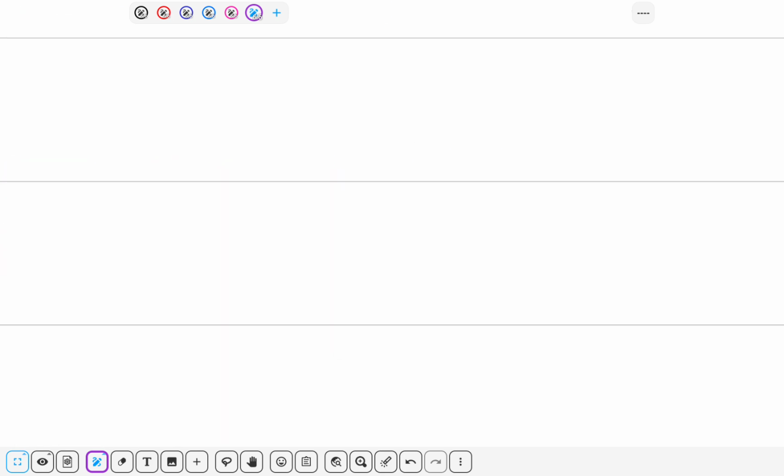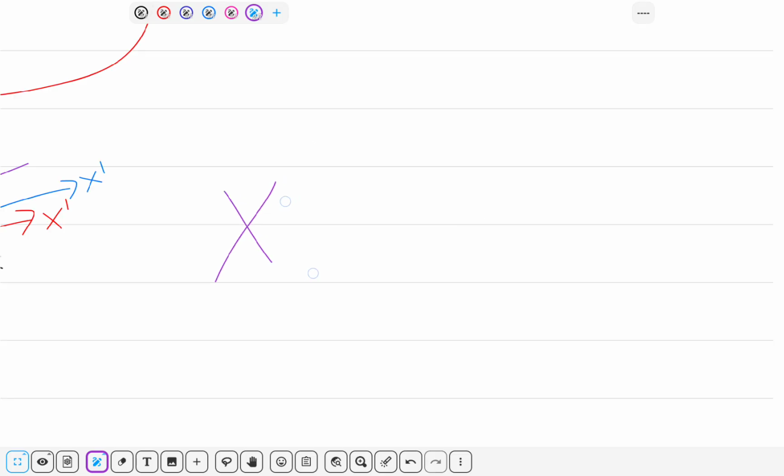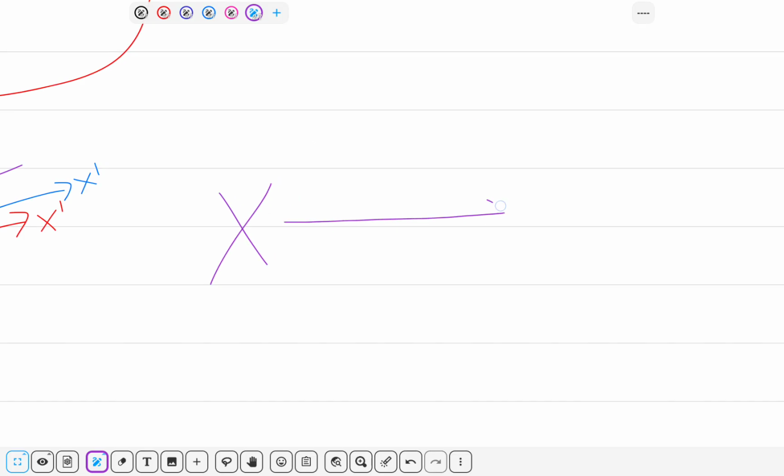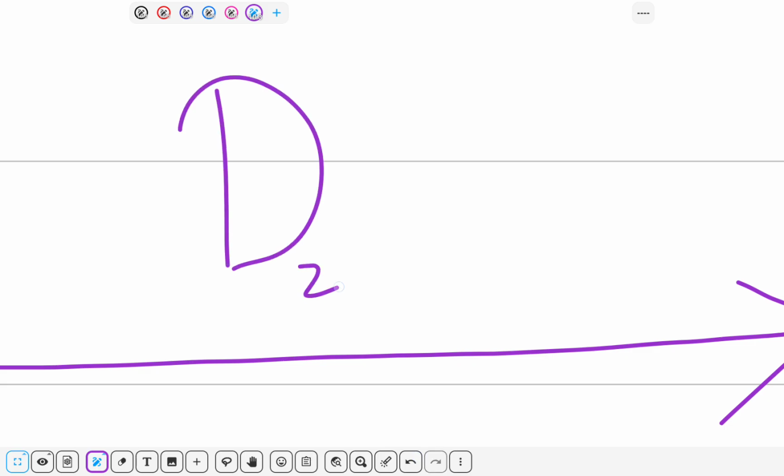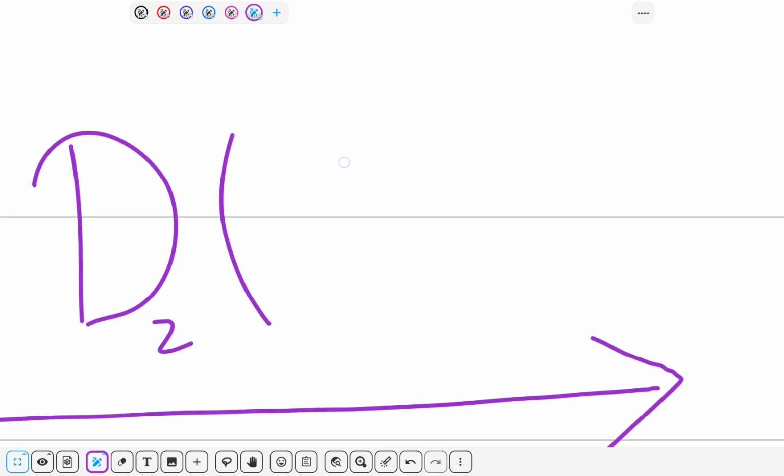So basically, you had your space. You first do a rotation about the z-axis with some angle alpha.